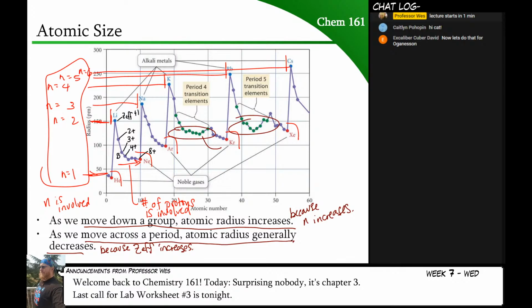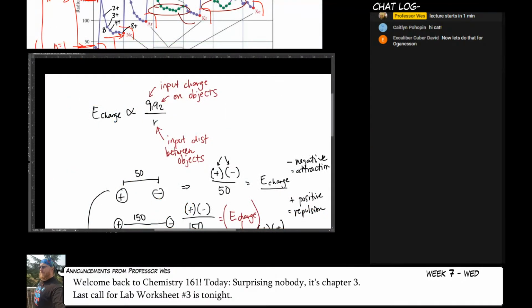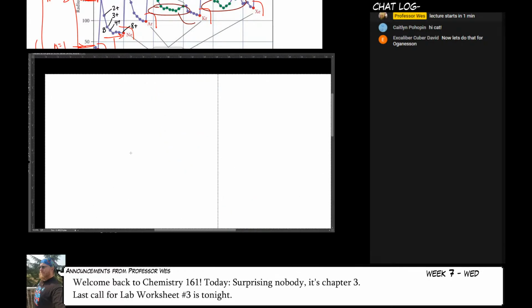Well, if you calculate Z effective for any transition metal, you get an interesting result. So let's do that. So if I look at scandium and titanium, so if I write the electron configuration for scandium, I get that.